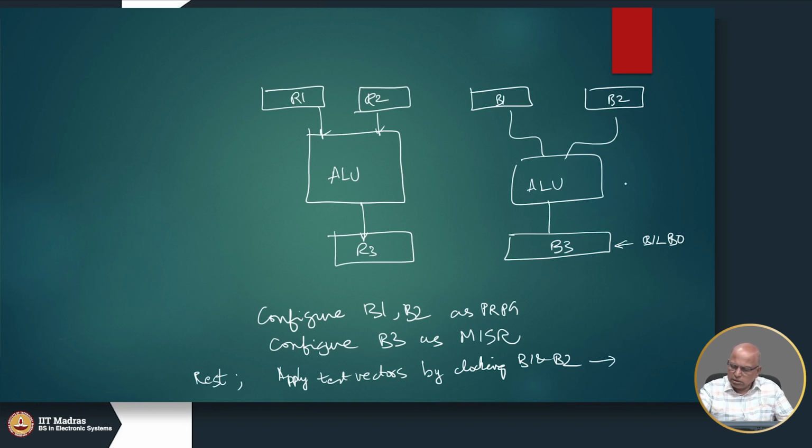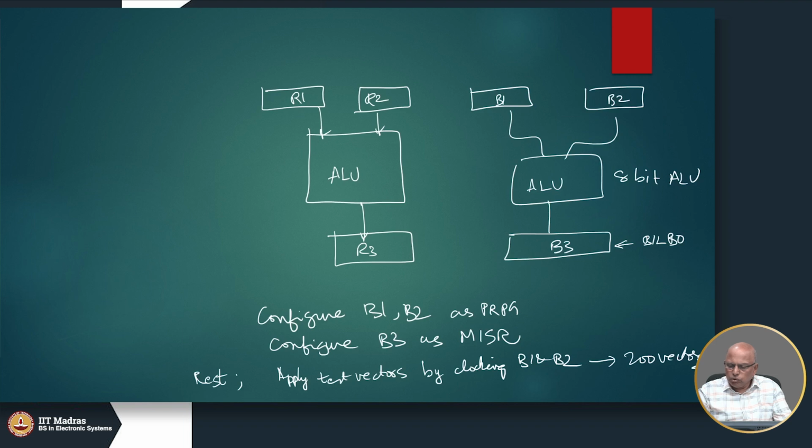Suppose this is an 8-bit ALU. Okay. So we can do a few hundred vectors, let us say 200 vectors. And then compare the signature of the BILBO B3 with the expected signature. And if they don't match, we believe that there is some problem. Okay, there is a fault somewhere, maybe in the ALU, right?